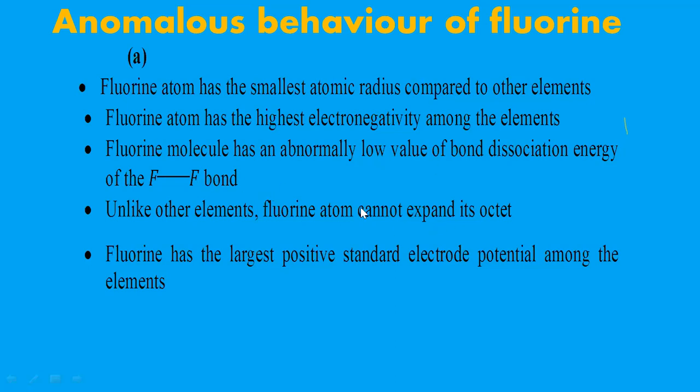Gideon, apart from atomic radius and electronegativity, can you give any 3 reasons as to why fluorine behaves anomalously compared to other halogens? Apart from atomic radius and electronegativity differences, give 3 reasons as to why fluorine behaves differently compared to other halogens. Gideon. A fluorine molecule has an abnormally low value of bond dissociation energy of the fluorine bond.